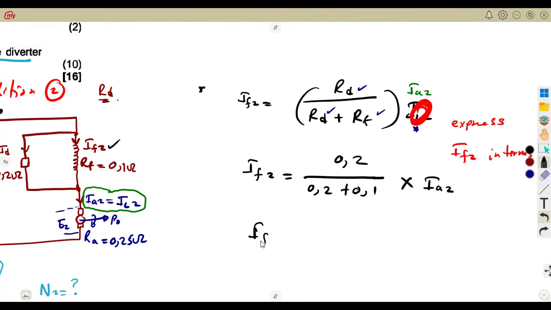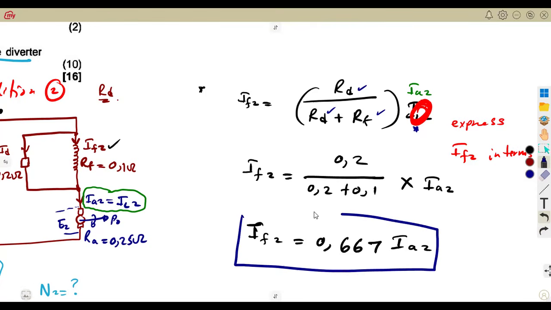So in terms of this armature current, we are going to have this IF2 written as, if you divide this on your calculator, 0.6666 and so on, which is 0.667 to 3 decimal places, of the armature current. It's an equation that still has two unknown values.